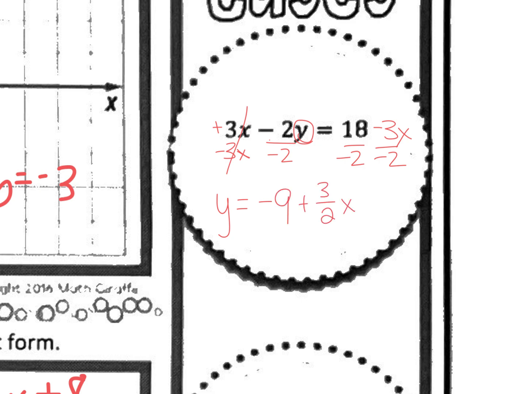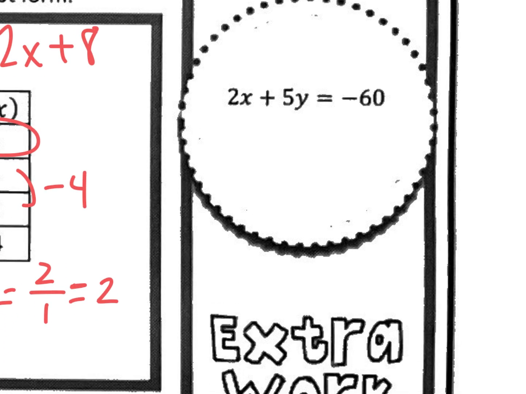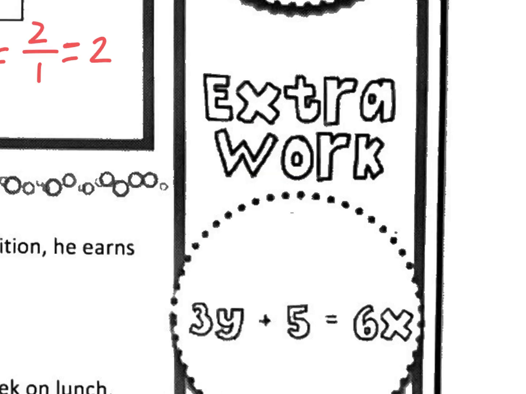A positive divided by a negative is a negative, and a negative divided by a negative is a positive. We could do the same thing here. We're going to have to move that x by subtracting and divide. This is a positive 5, so remember when we multiply and divide, we do not change the signs. -60 divided by 5 is -12, minus 2/5x.